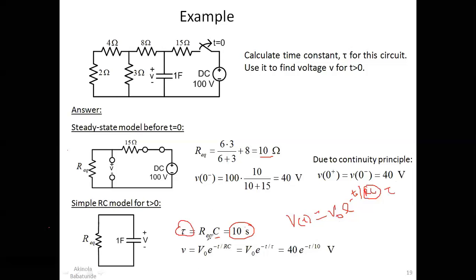So our V would therefore be equal to V naught exponential minus t over tau, which will be equal to, we found our V naught to be 40, like we mentioned, so we have 40 exponential minus t over 10. Or you can write it as 40 exponential minus 0.1 t, because 1 over 10 is 0.1. So this will be equal to our V at the end of the day.